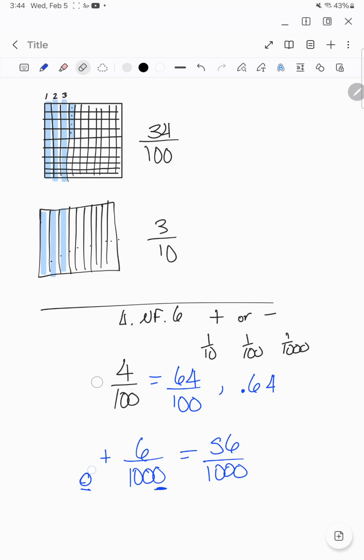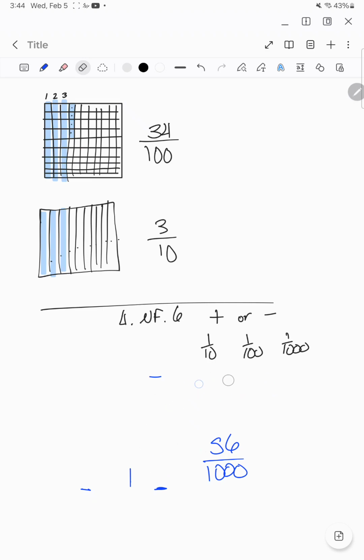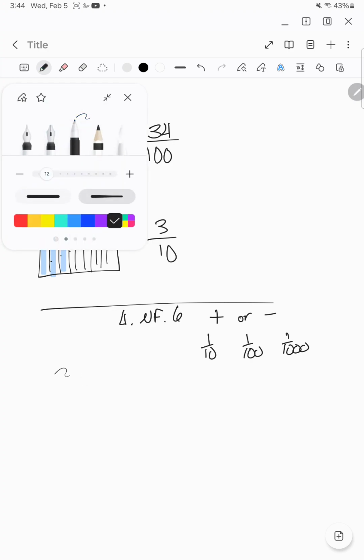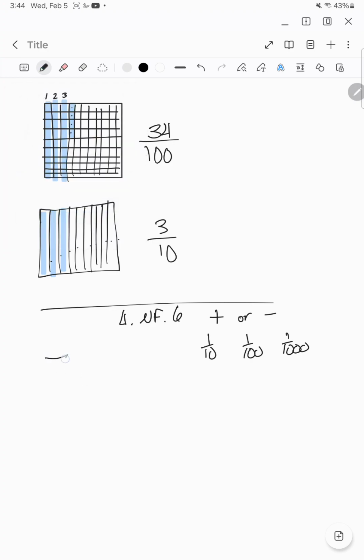Likewise, when you subtract, you would have the same method that applies. I can say 7 tenths minus 40 hundredths. Again, I can't add any more zeros because this is the bigger one with zeros.